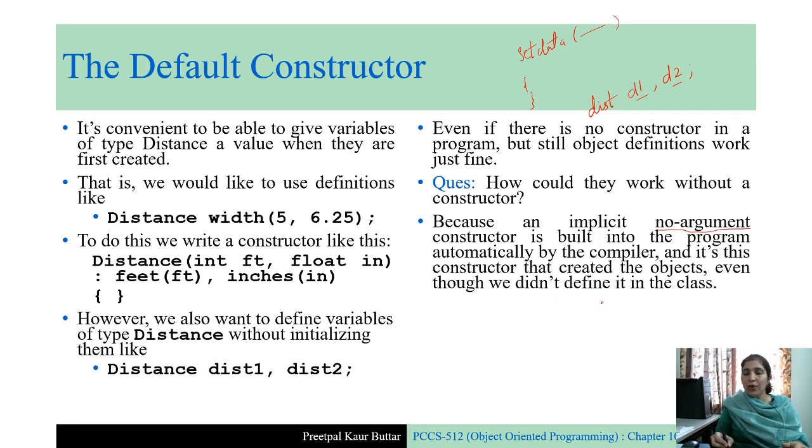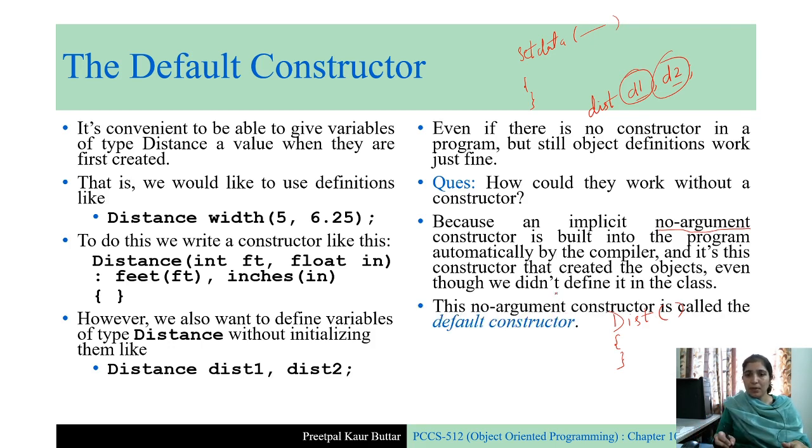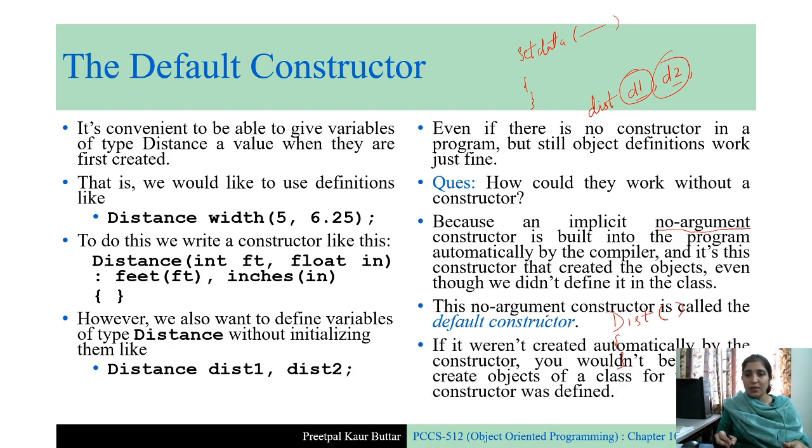If we do not create our own constructor, the compiler creates a no argument constructor, like this. Through this no argument constructor, we are able to create the objects d1 and d2. This no argument constructor is called the default constructor.